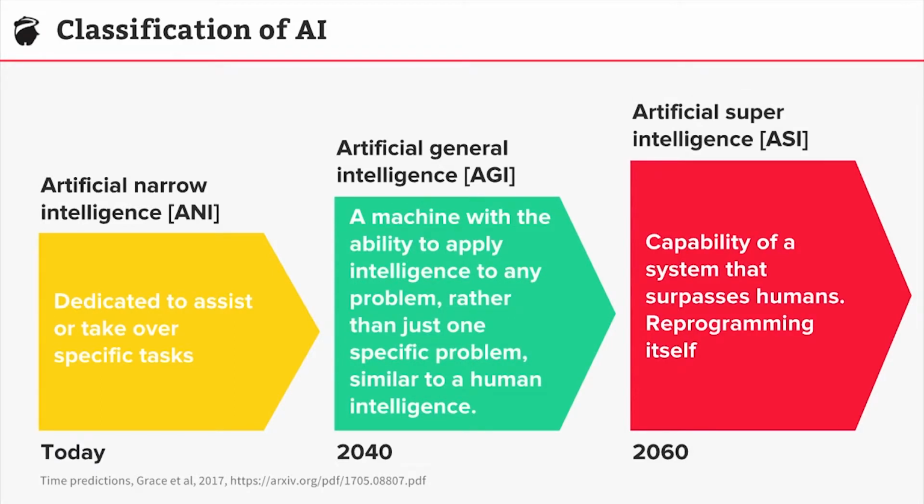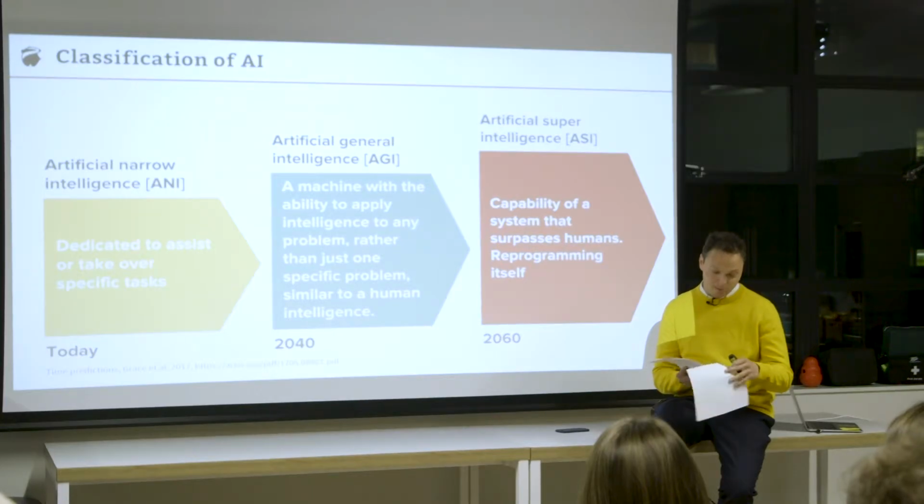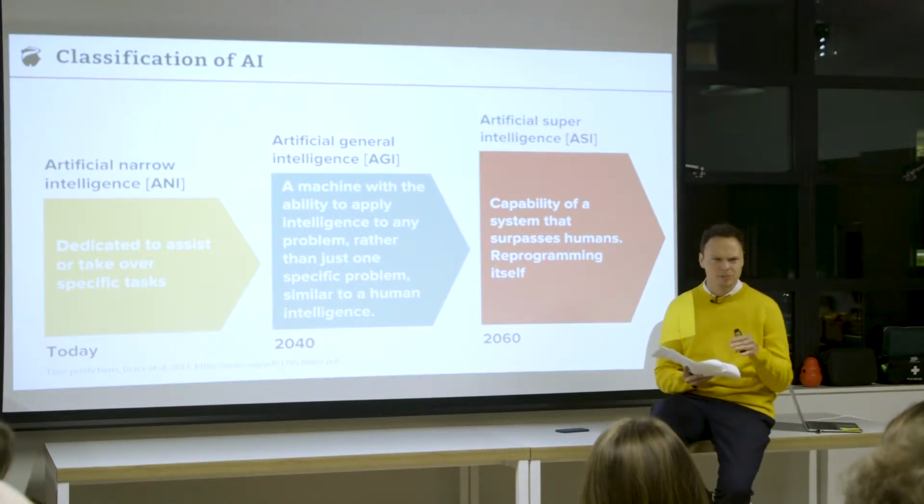And even more in the movies, really depicted as AI, is what is called artificial superintelligence. That's when the capabilities of the system surpass the humans and they're able to reprogram themselves. So they are able to improve and reproduce themselves. And that's seen as a tipping point. Sometimes it's called the singularity, when the normal rules of how we do things no longer apply.